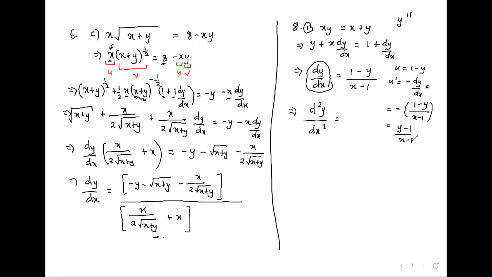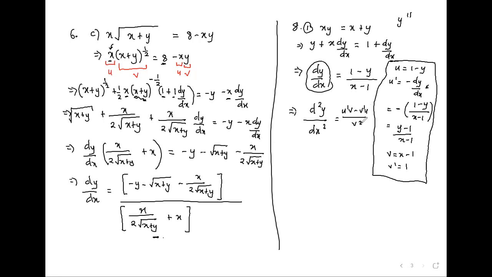Like this. Then we get v to be x minus 1, and then v prime will just be 1. So remember, this one, we're using it to find the u prime, because we understand that this should be (u prime v minus v prime u) over v squared.